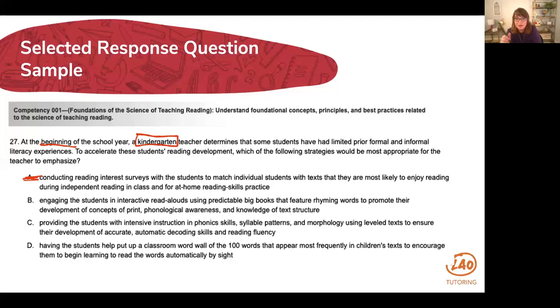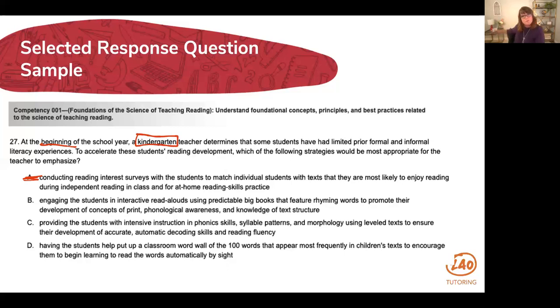Before anything else, remember what I said, students need exposure to books. Read alouds with big books are the most appropriate instructional practice. And if you don't know what a big book is, it's just literally a big book. So we can sit on the carpet in front of the students, and the text is big, the pictures are big, the book itself is big. So it just helps them see it and understand.